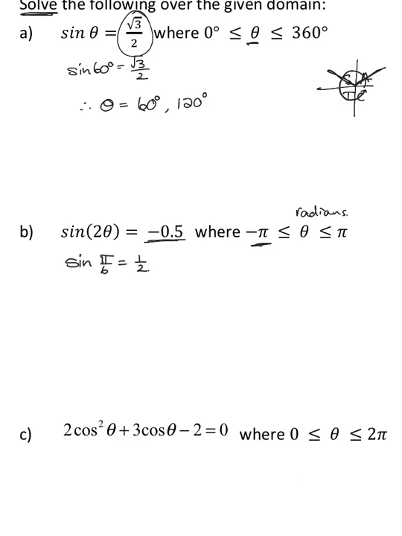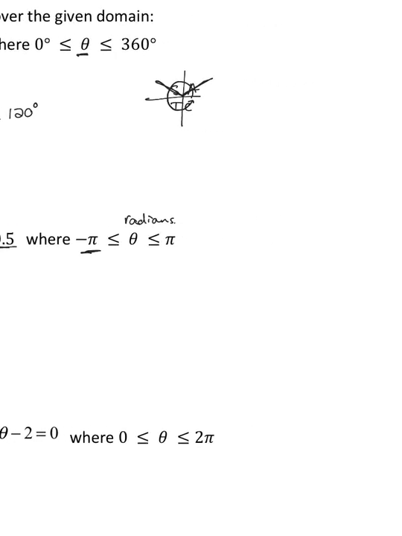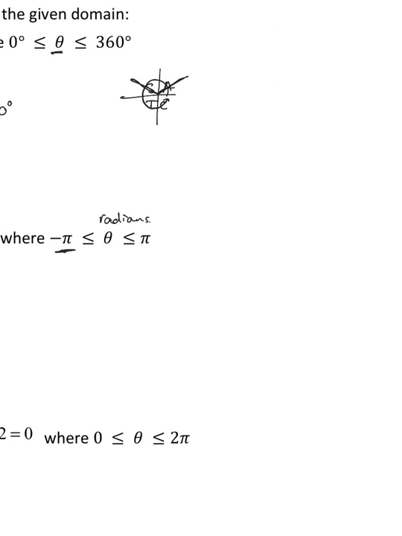Now the thing to realise is we have 2 theta, sorry. So we need our angles between minus pi and pi. But because it's 2 theta, we're going to find 2 theta between minus 2 pi and 2 pi.